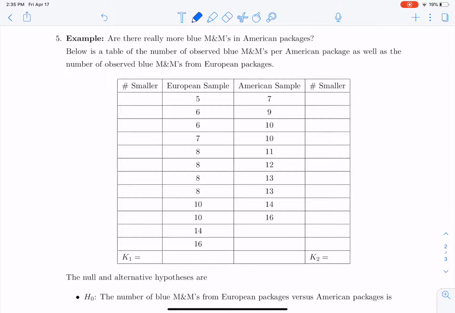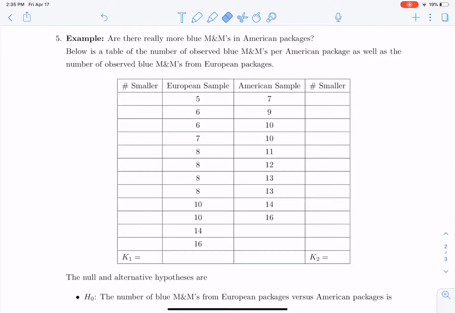When I spent a year in Heidelberg, I did some statistics with M&Ms with my class, and I discovered that there was something different about European packages of M&Ms than American packages. In particular, American packages tend to have more blue M&Ms.